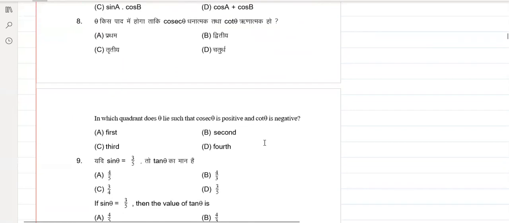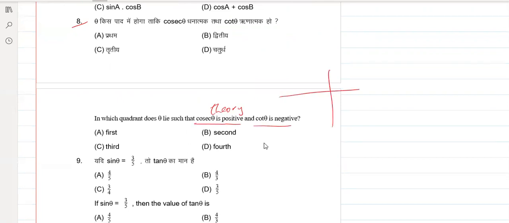Question number 8. Right, interesting question. Another theory question, guys. So in which quadrant does theta lie such that cosec theta is positive and cot is negative? So if I draw my quadrant, in the fourth quadrant, cos and sec are positive.